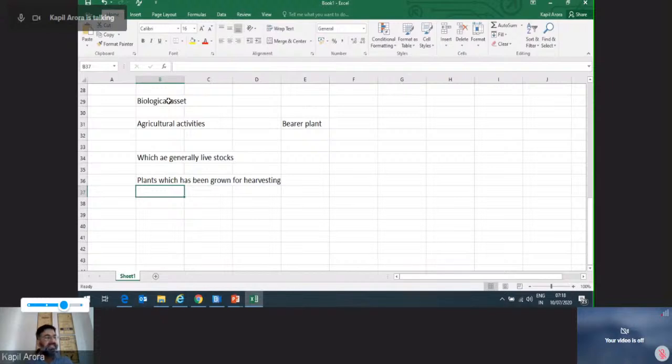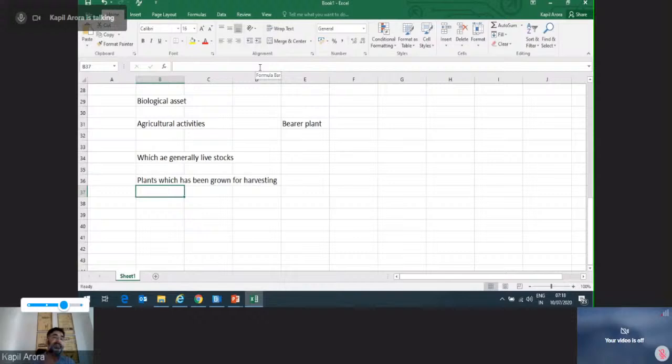For example, let's say what we do with our wheat crop, what we do with our rice crop, what we do with sugar canes. We grow them, harvest them, and sell them in the market.